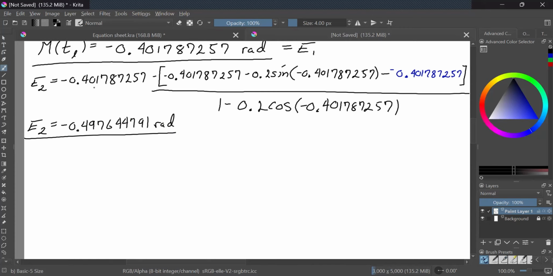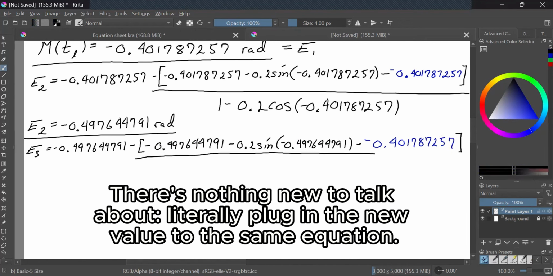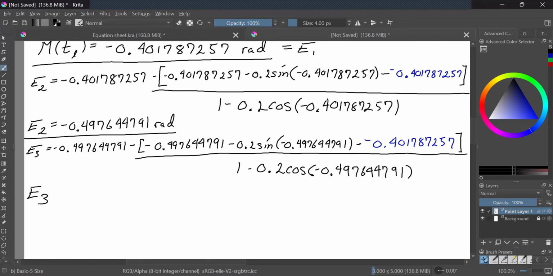So now we need to do this whole thing again where we take our E2 value and plug it into the equation to get us E3. Bear with me a moment. All right, so then you plug it into this equation here, again, keeping in mind that our M is still the same as before.